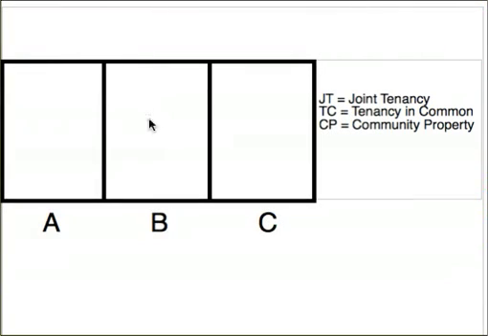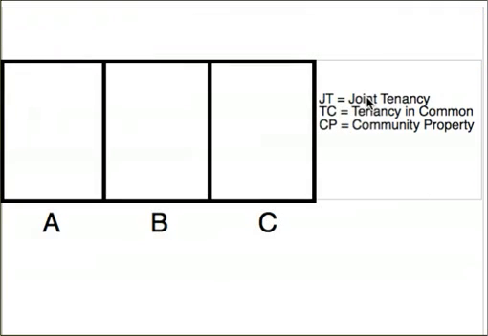You can go to that percentage that they own of that property. And so in this example, we're just assuming that tenant A owns 25% of this entire property, tenant B owns 25%, and C owns 50%. Or it could be A owns 1/3, B owns 1/3, and C owns 1/3.